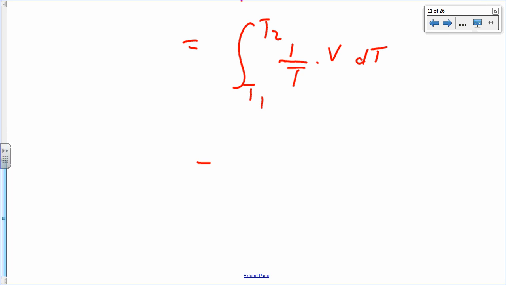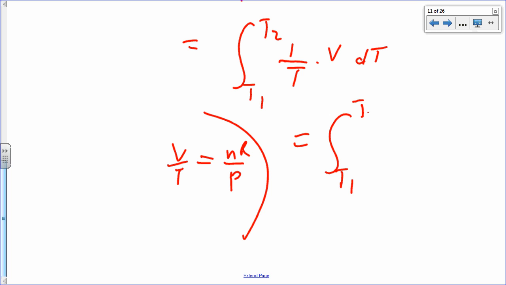And since volume is not going to be constant, you can't pull that out of the integral, right? So what's V over T? nR over P, right? So this is just going to be equal to the integral from T1 to T2 of nR over P dT. So what would I get?